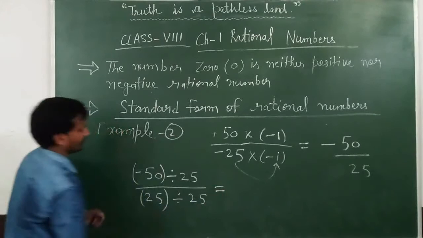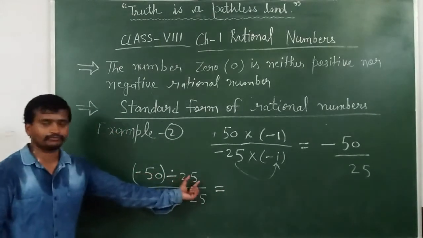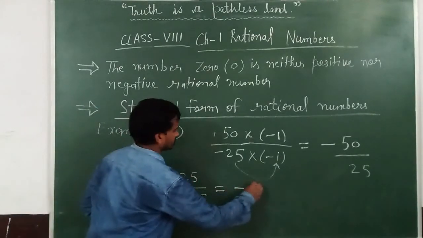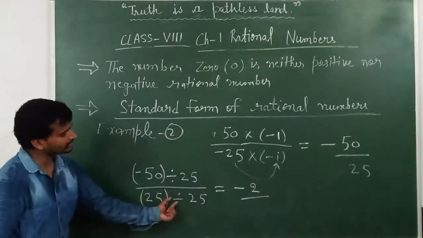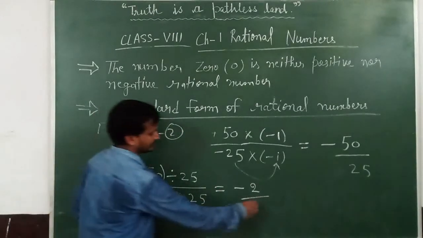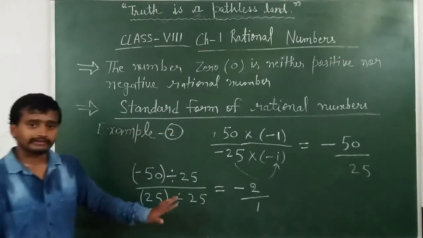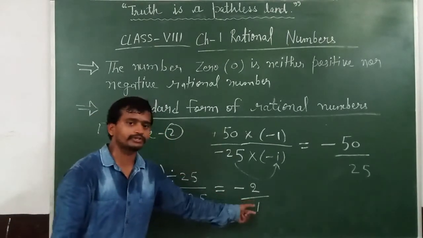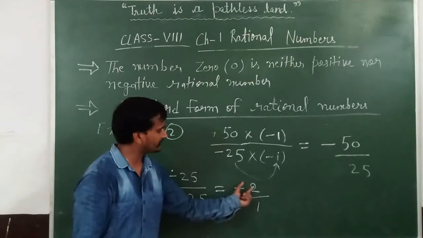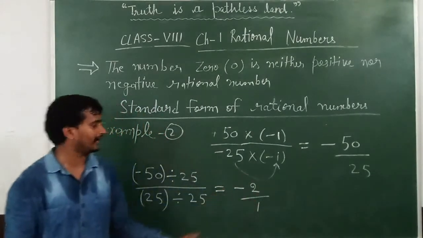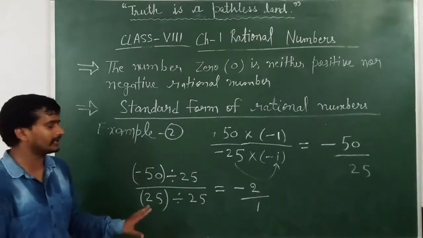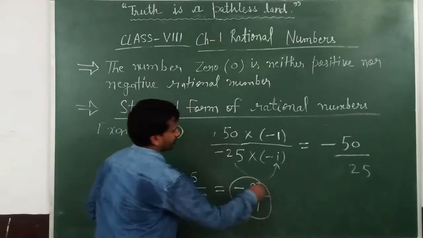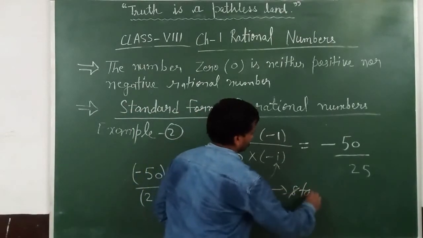Now, minus 50 divided by 25 becomes minus 2, and 25 divided by 25 is 1. Now we can observe the denominator is positive and the numerator and denominator both have no common factor other than 1. So this is the standard form.